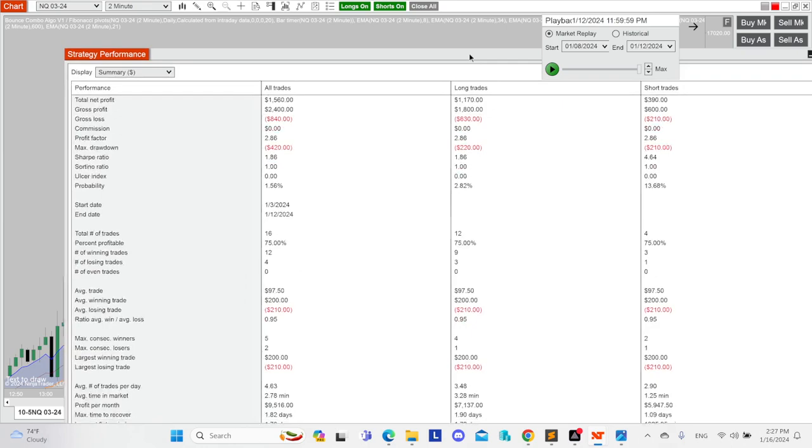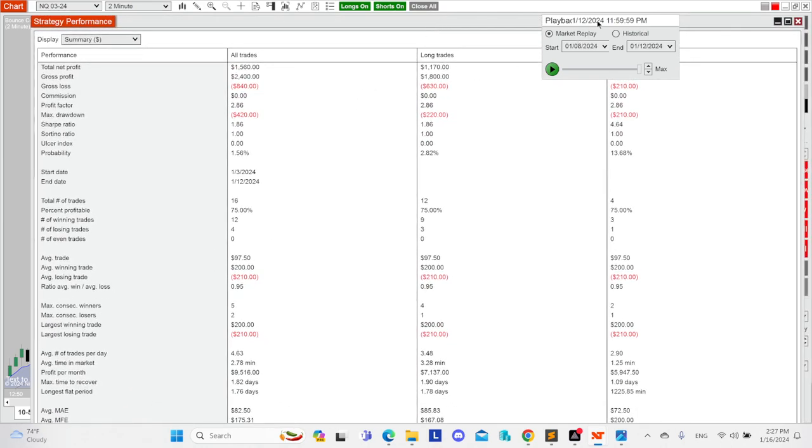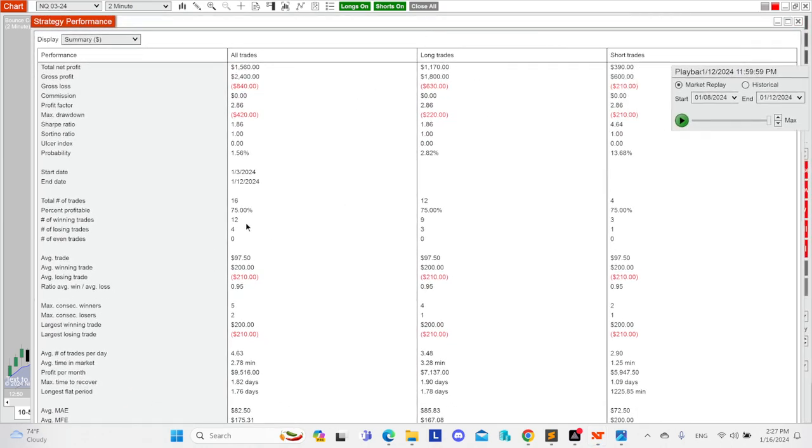This one took 16 trades with a 75% win rate, and it takes about 4.5 trades a day, which is good. So this also was really good results.